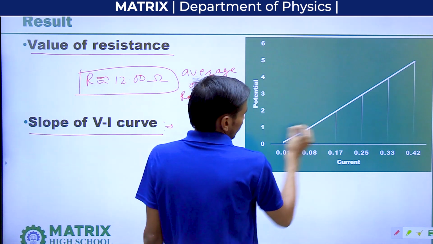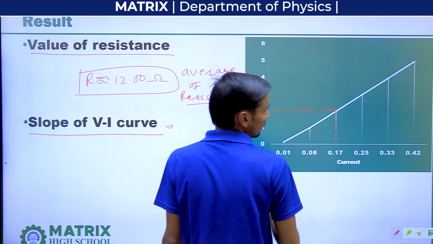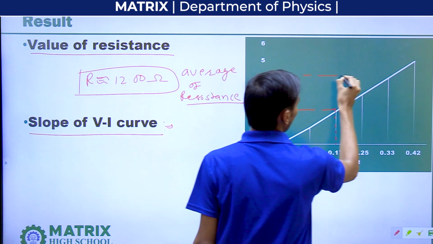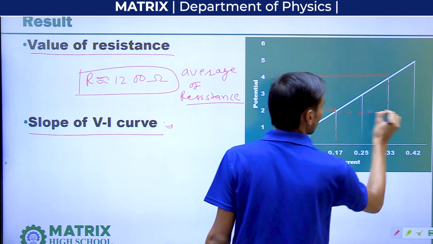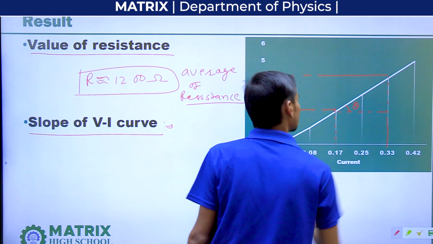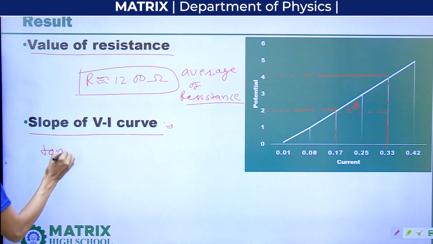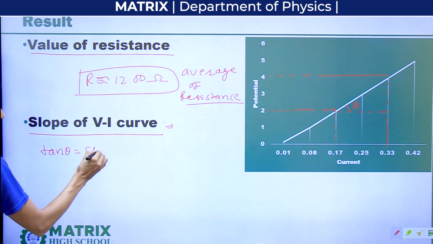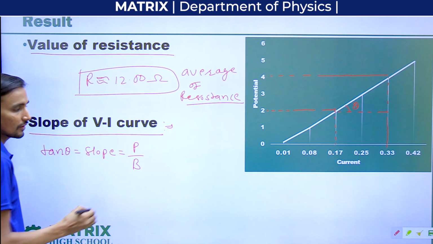Here we can take for 2 volt it is 0.17 ampere, and for 4 volt it is 0.33 ampere. If we want to find the slope of this straight line, then tan theta gives slope, and that is perpendicular upon base.